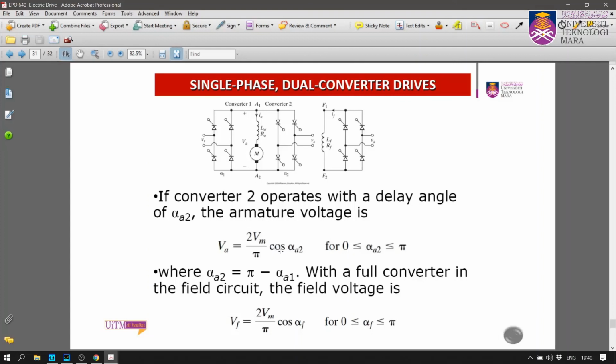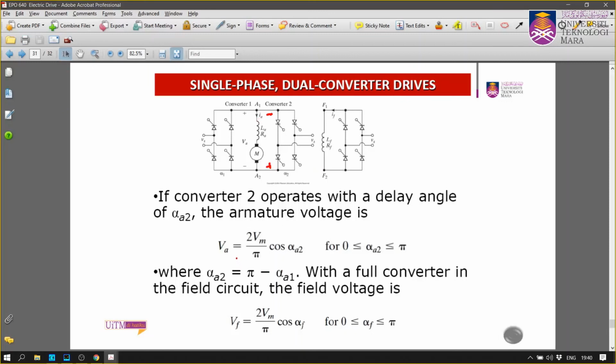So to not be confused, if you operate alpha 2 from 0 to pi, it will produce positive and negative here, isn't it?